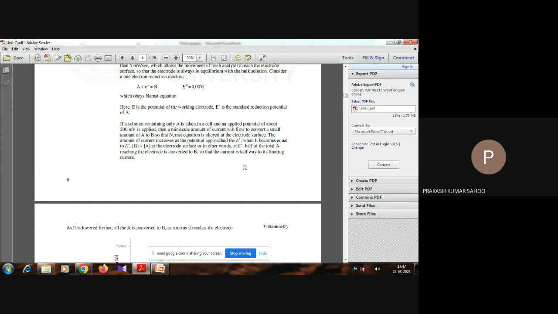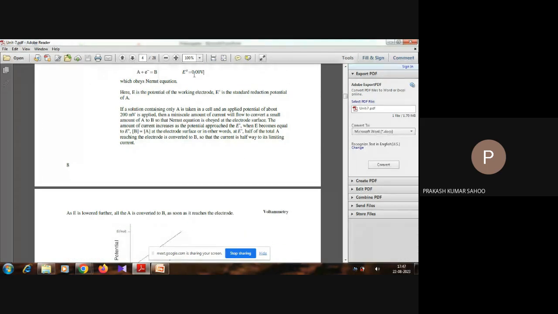Here E is the potential of the working electrode, and E0 is the standard reduction potential of A. We can find the standard reduction potential values from the electrochemical series, ECS.